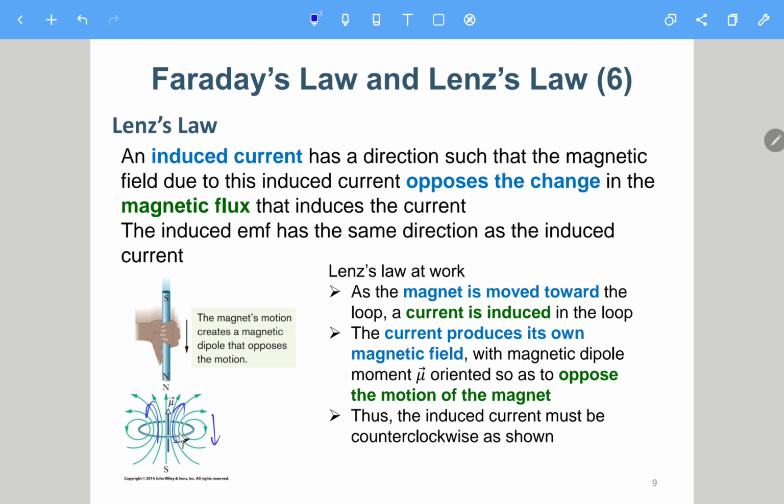So it needs to generate a B field pointing upward, so the direction of the current will be counterclockwise, if you look from the top.